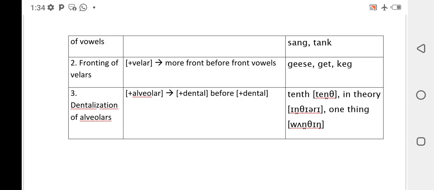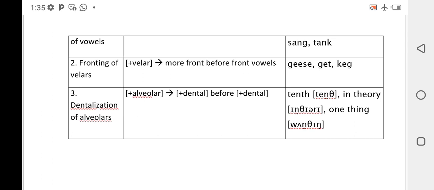So n becomes dentalized. N is an alveolar sound. It becomes dentalized because it is occurring in the environment of a dental sound.